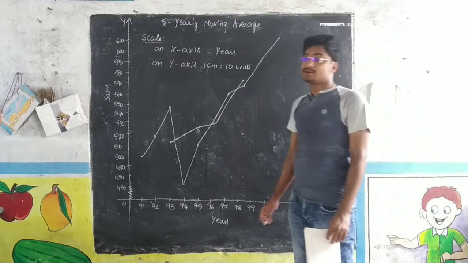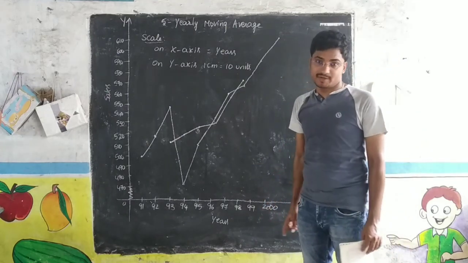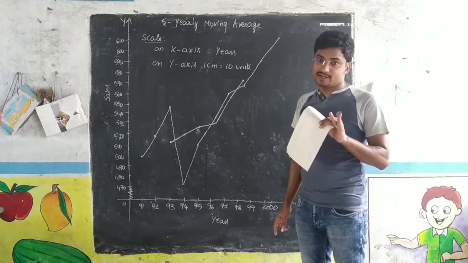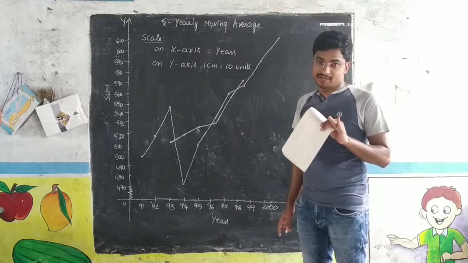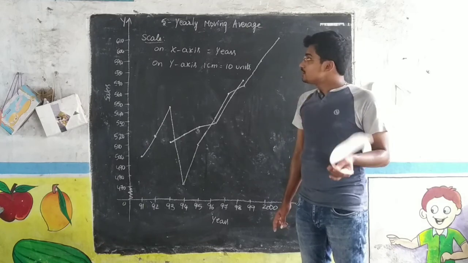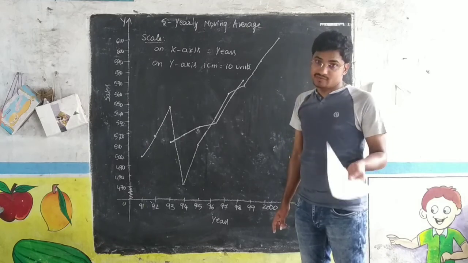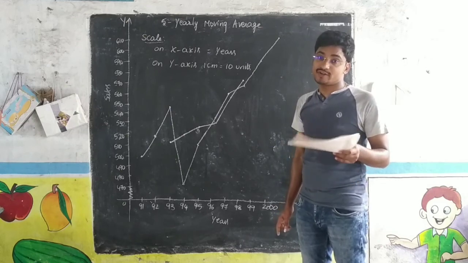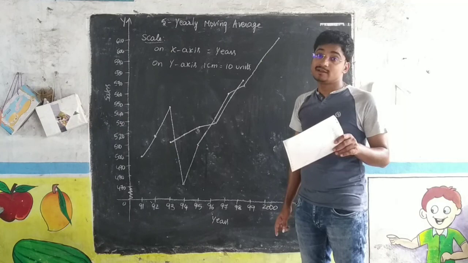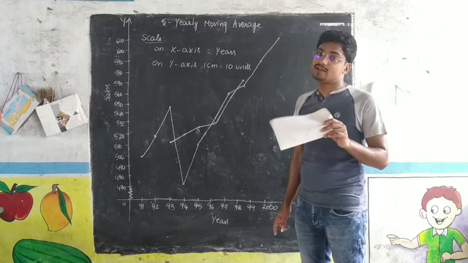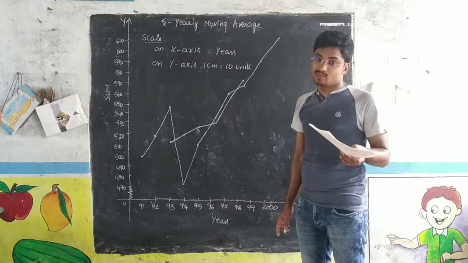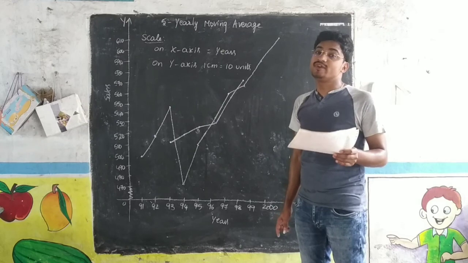Today's class was completed. 3 yearly and 5 yearly moving averages were completed. In the next video session, I will explain how to fit a trend line by using even yearly moving average.